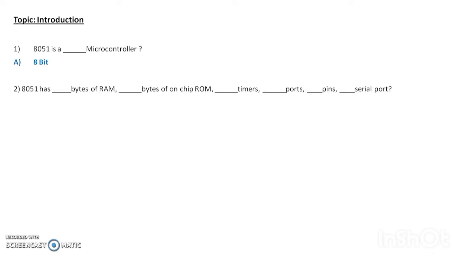Bit number 2, 8051 has dash bytes of RAM, dash bytes of on-chip ROM, dash timers, dash ports, dash pins, and dash serial port. Basically, 8051 has 128 bytes of RAM and 4K bytes of on-chip ROM, meaning the chip itself has ROM of 4K bytes, and 2 timers and 4 ports which are 8 bits wide.